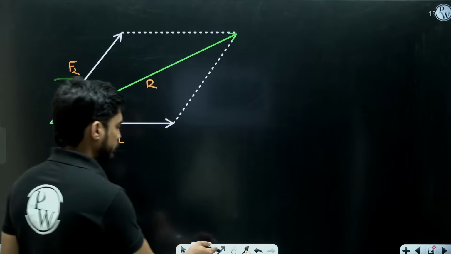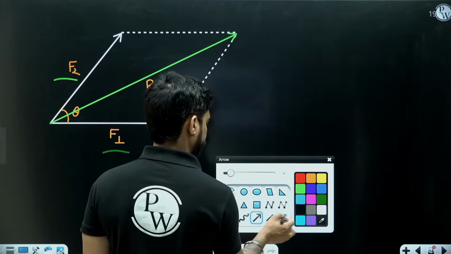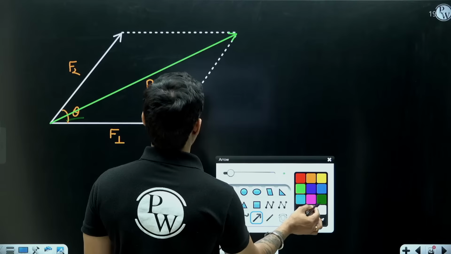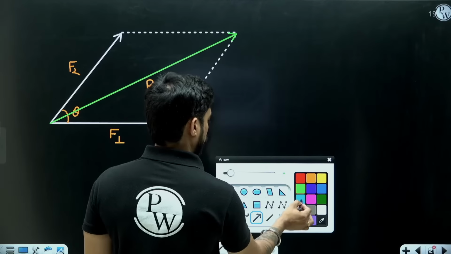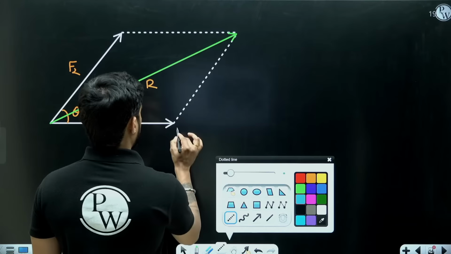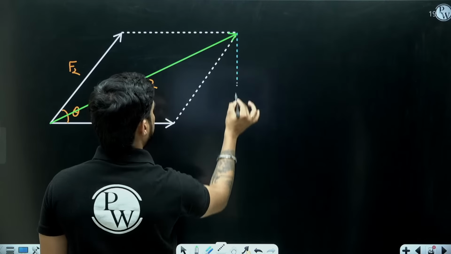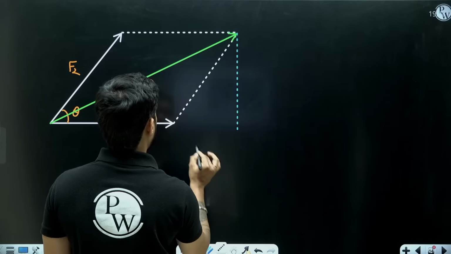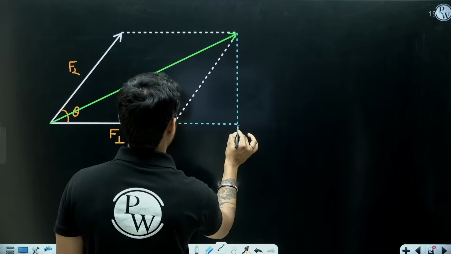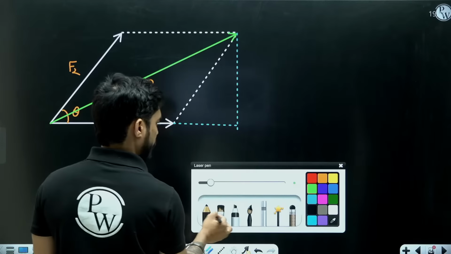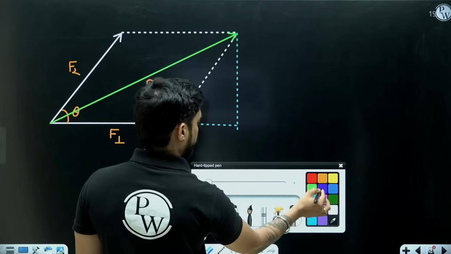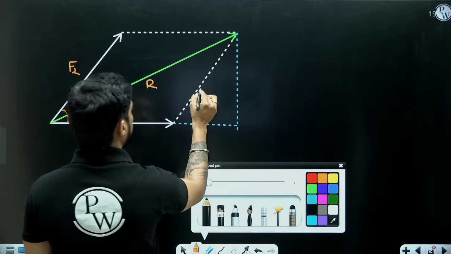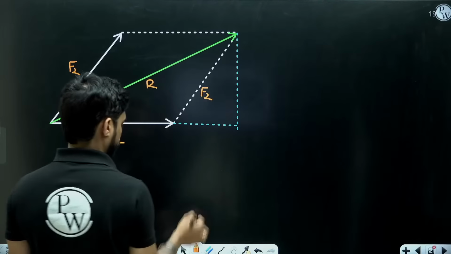Now understand this. What I am going to do is complete this. I will make a triangle like this. Now, if this is F2, then this is also F2, right?